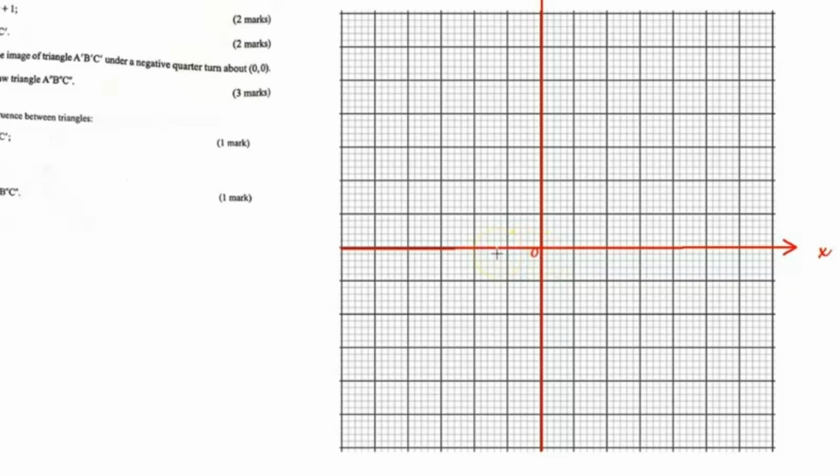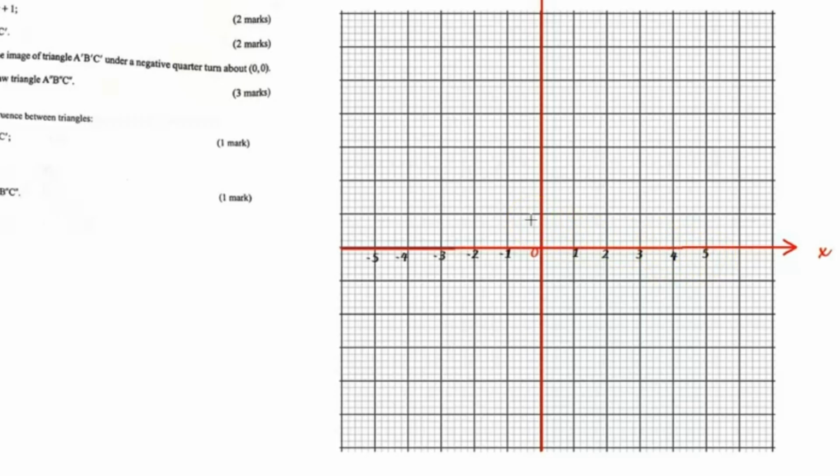Then minus 1, then we have minus 2, then minus 3, then minus 4, we have minus 5. Then to the positive x direction we have 1, then 2, then 3, then 4, then 5.